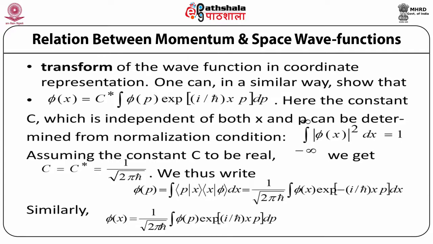So in this manner we can see that the wave function in momentum space is simply the Fourier transform of the wave function in coordinate representation and vice versa.